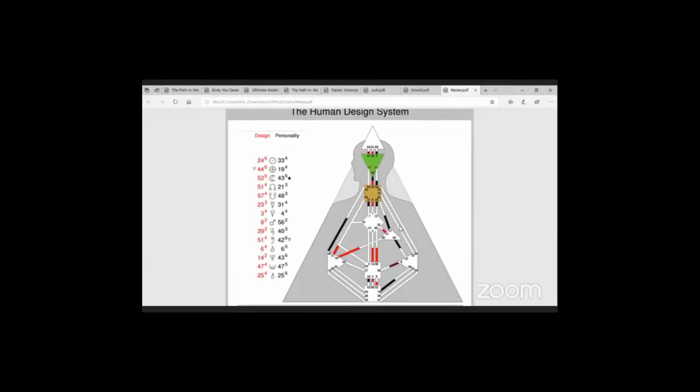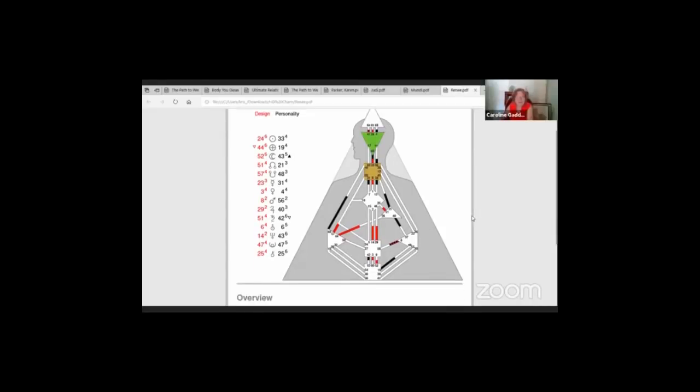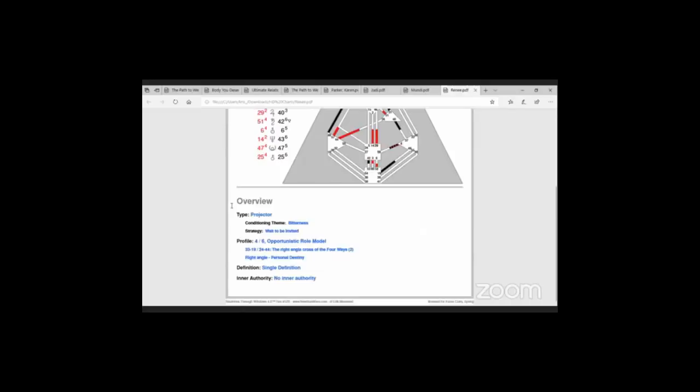Okay, so this chart is Renee's, and she is wondering with whatever conundrums you find, how can she work through them in the highest and healthiest way? Okay. So here's the bottom: the projector 4-6 opportunist role model, and her incarnation cross is the right angle cross of the 4 ways.